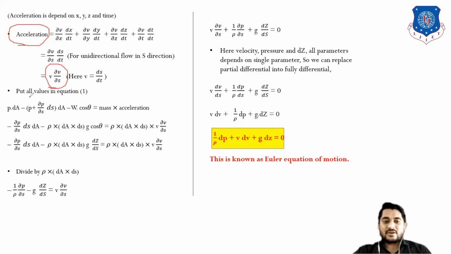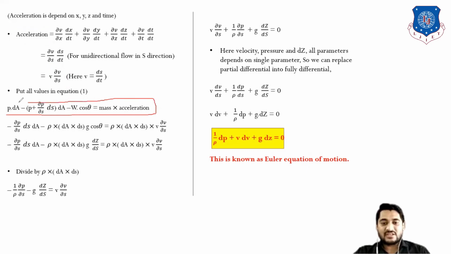Clear? Now put all the values of mass, weight and acceleration in our equation number 1. So here is equation number 1 as we have derived earlier. P into dA minus P plus del P by del S ds into dA minus W cos theta is equal to mass into acceleration. We have to put the values of mass, W and acceleration in it. So first of all, see here P into dA minus P into dA.